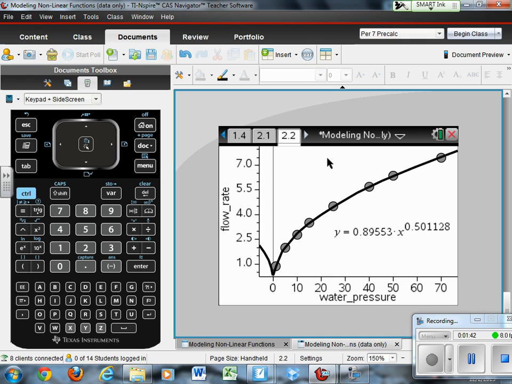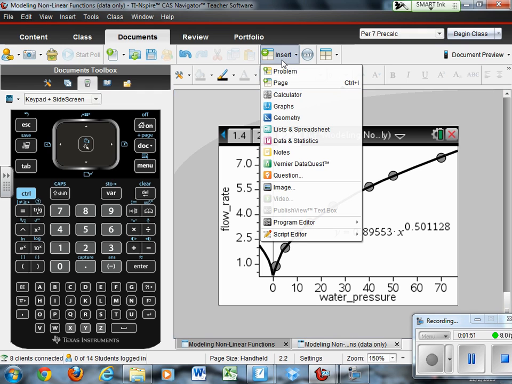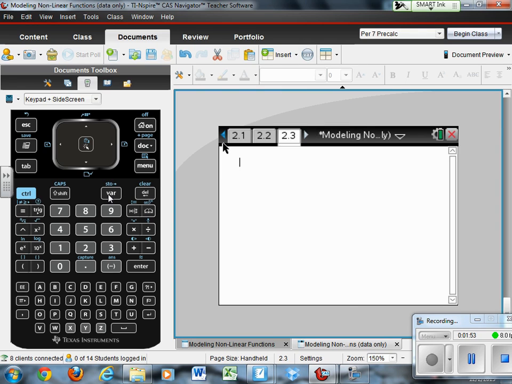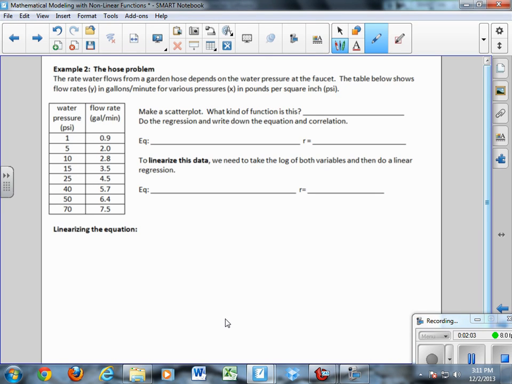If we look at our R value on this, you'll see also that it's a good fit. So inserting a calculator page, checking my R value, you'll see 0.999953, very, very close to a perfect fit. So let's put in these values here.